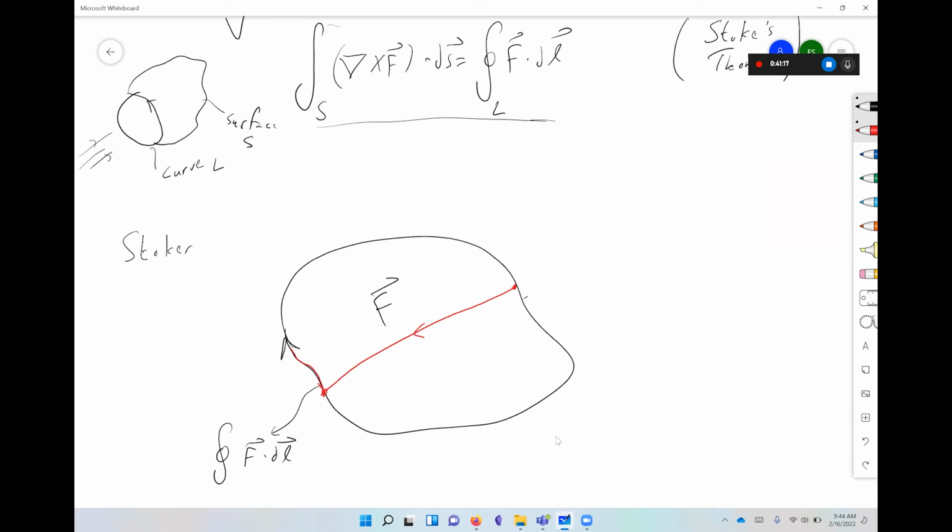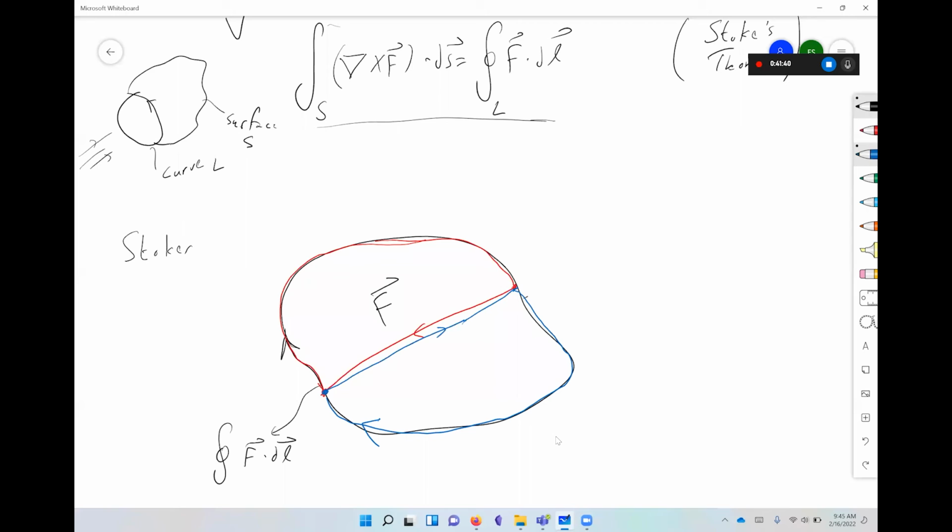Something like that. And then I have another circulation starting from this point, going in this direction, exactly on top, and then going this way.